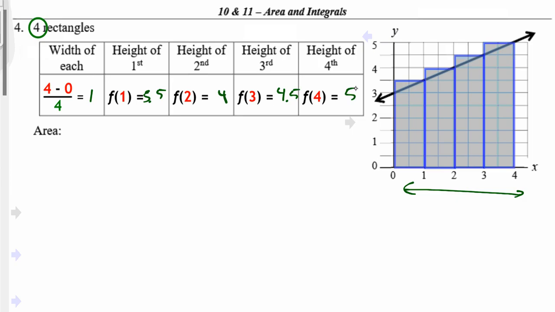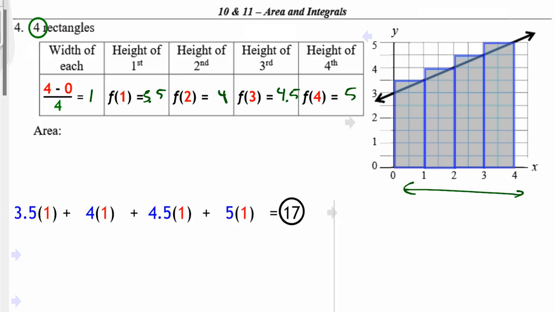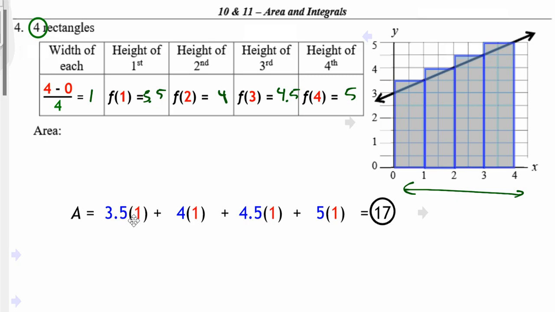So we have the 4 heights, and each of them has the same width. When we calculate the area, we do height times width plus height times width, and so on. We get 17. Ooh, closer. More rectangles, closer to the actual area.